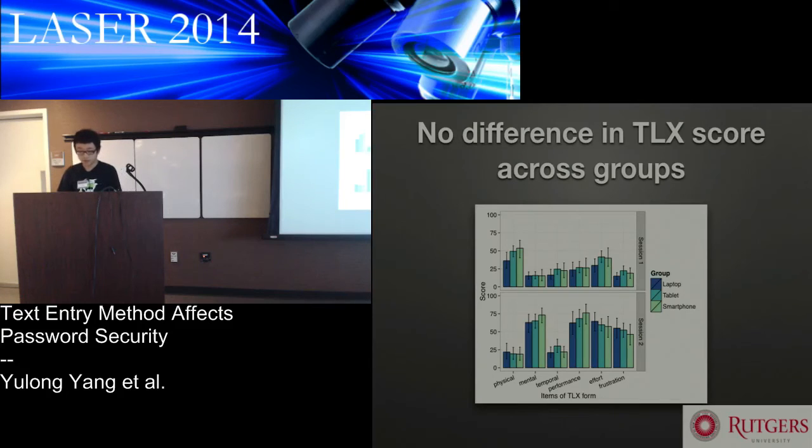I just have a question about the TLX task. When you use the NASA TLX instrument to measure task load, do you know whether the task itself needs to be of some minimum duration before the TLX is effective?